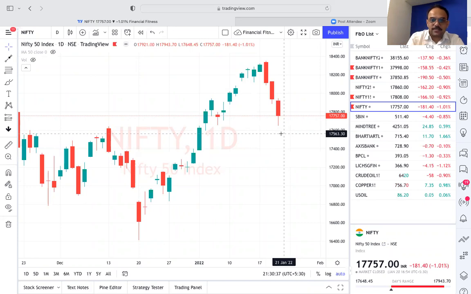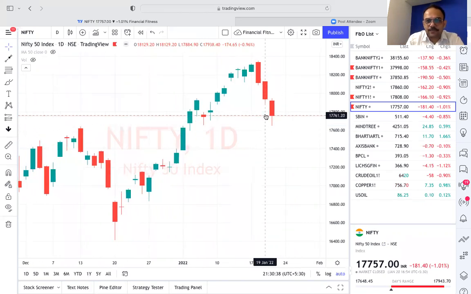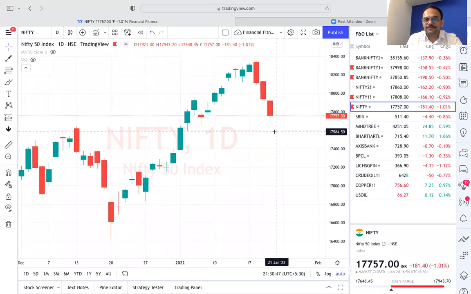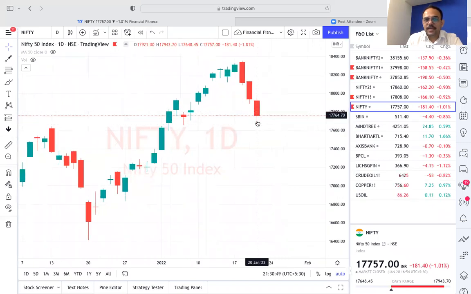I'm not covering it today, but just for your information, if the lower wick starts increasing in size, what does that mean? Anyone? If the lower wick starts increasing, see, this lower wick was small, this is a little bigger, and this is a little more bigger lower wick.